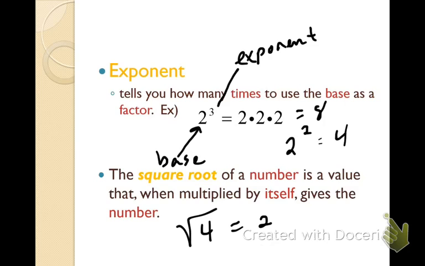Inevitably, when we start seeing these square roots in an expression or an equation, and it's time to take the square root of that number, there's a huge tendency to say the square root of 4 is the square root of 2. There's going to be a tendency to want to leave that square root symbol in there. But the square root symbol is like anything else. When you perform the operation, the symbol goes away. I just want to throw that out there. Okay?